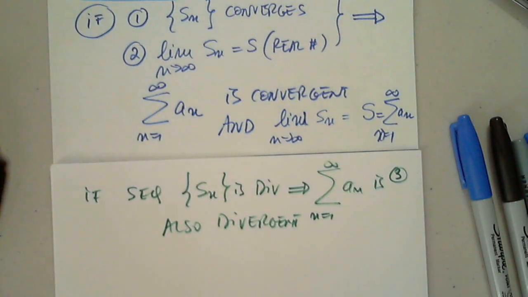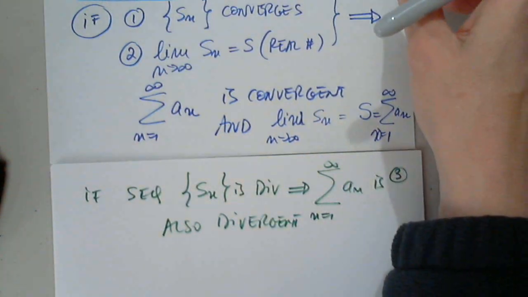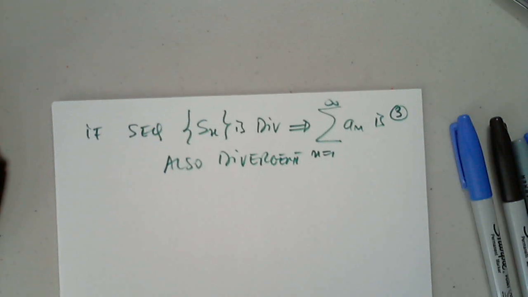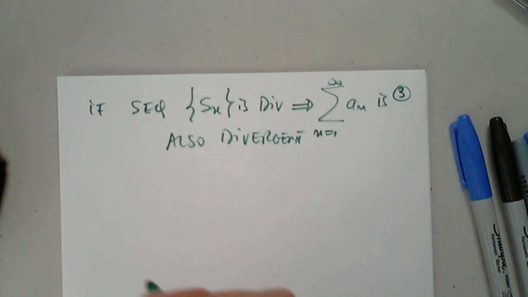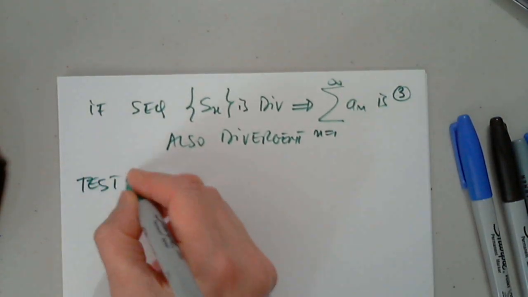One last thing before we look at different situations and play with some of the series is something called the test of divergence.